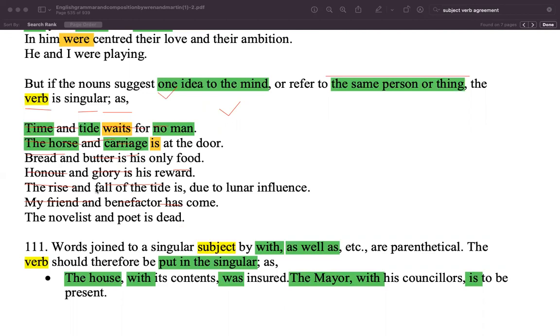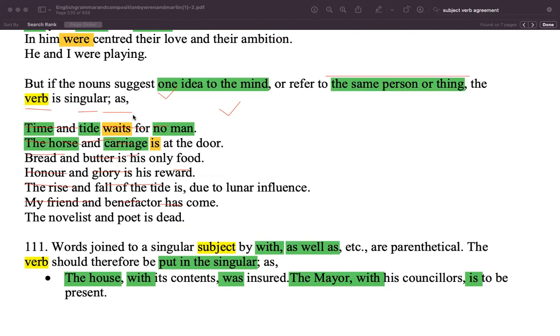And because one person is getting honor and glory, so bread and butter both are used for the purpose of eating. The horse and carriage both are joined, and it is used for taking somebody. So whatever time does, tide also does the same. So for them these two are working as the same job, right?